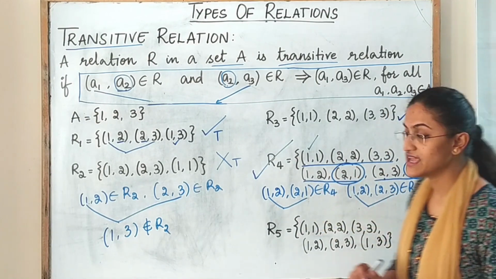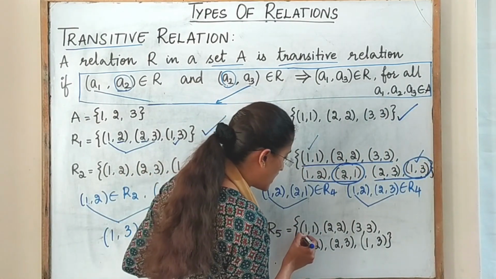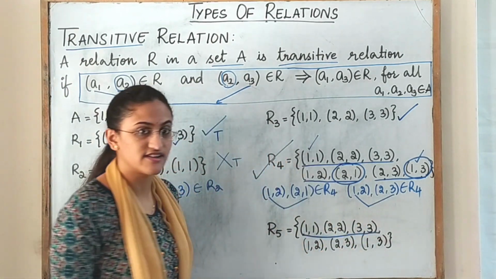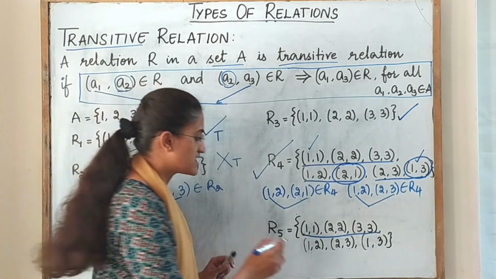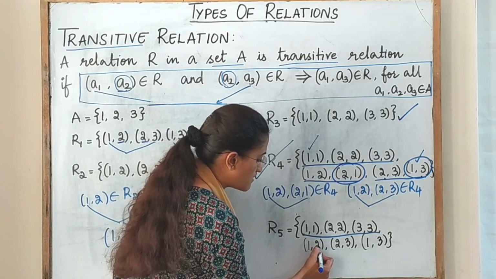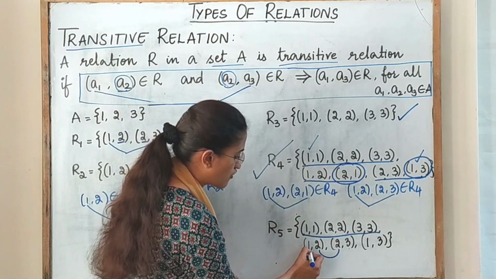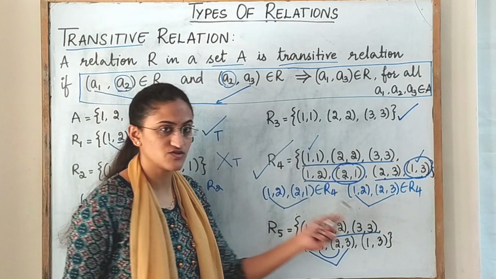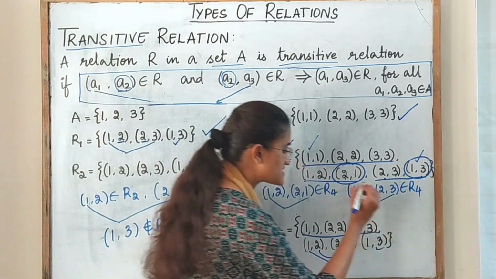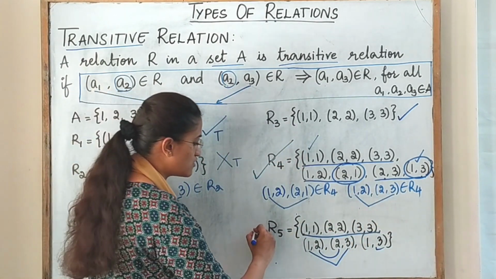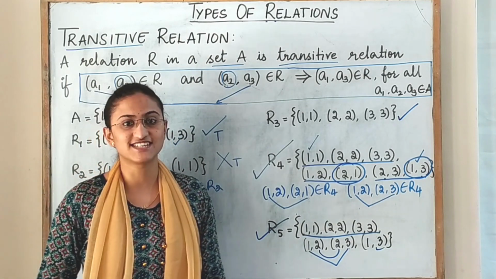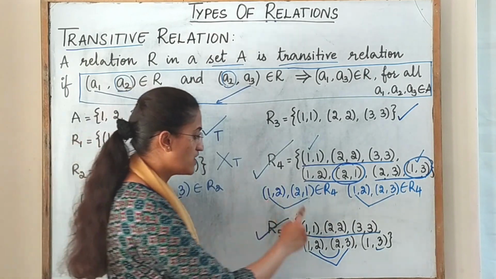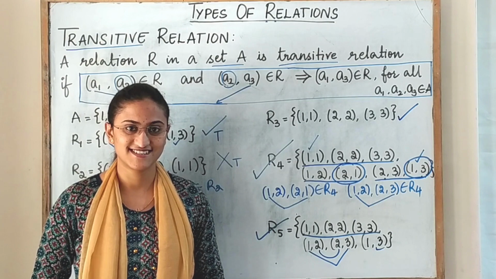Coming to the last one, you can check that again you have got a trivial case. Yes, it is a reflexive one, and as per the condition, (1, 2), (2, 3) belongs to R5, therefore (1, 3) should belong to the relation, and yes, it is in the relation, and hence you can conclude that even R5 is a transitive relation, and also it is a reflexive relation.